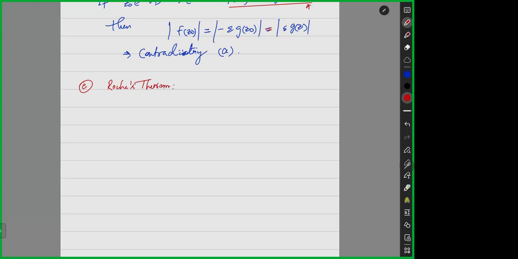Take some open connected subset of the complex plane, with f and g holomorphic functions.